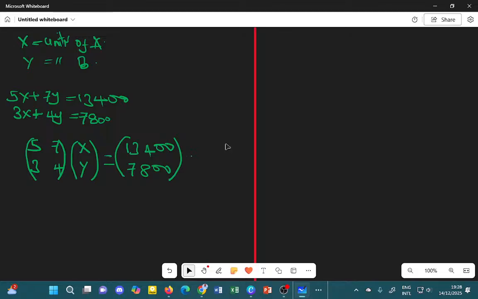So we want to find its determinant. We want to find its inverse, because once we find the inverse of that matrix, then we would pre-multiply the column vector of the solution by it to get the values of x and y.